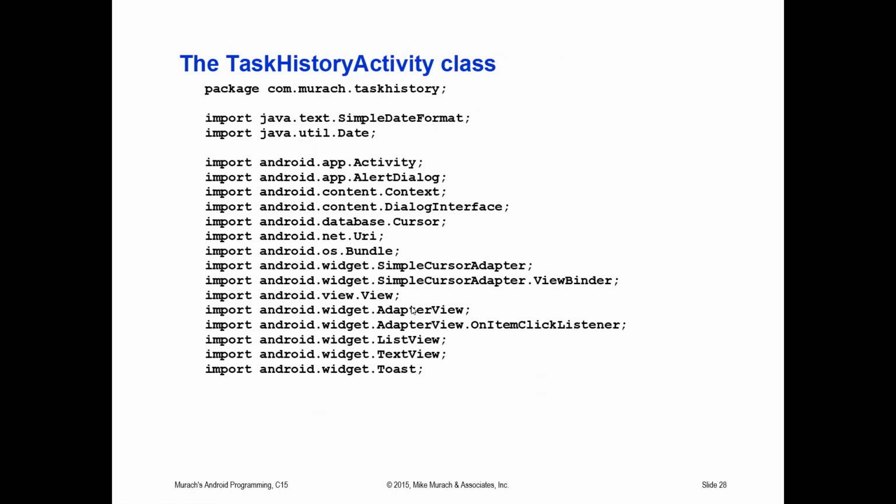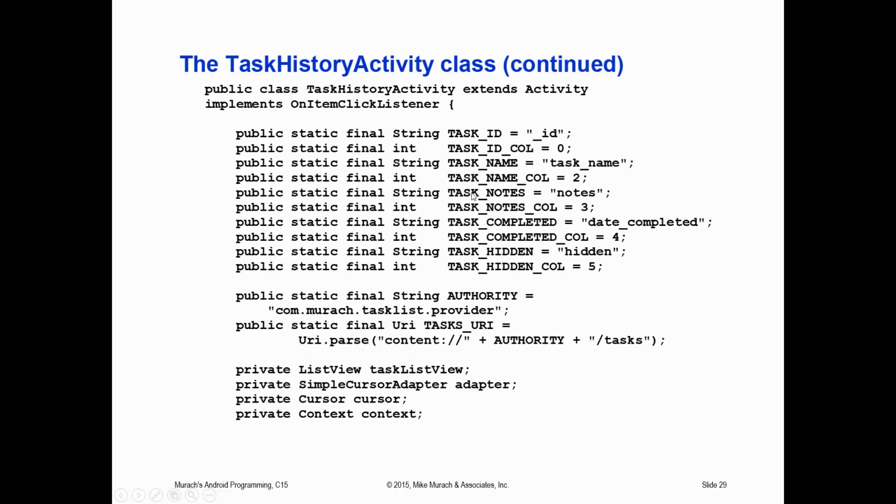Figure 15-13 on pages 492 through 497 shows the Java code for the task history activity. After your import statements, it begins by defining the constants for the columns that it uses.